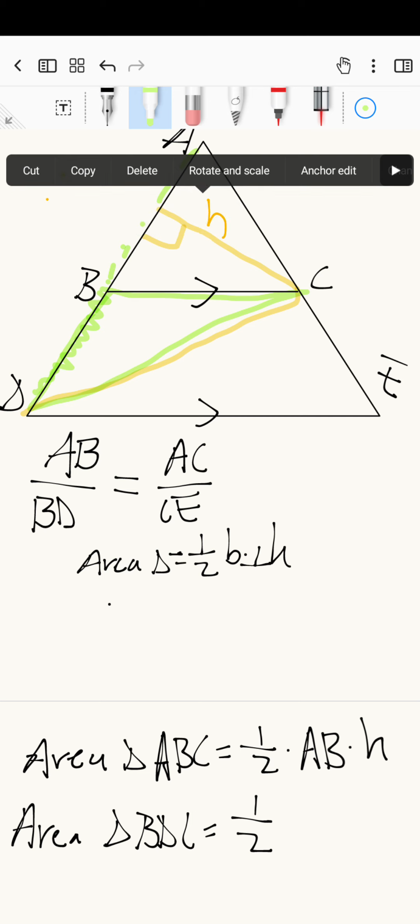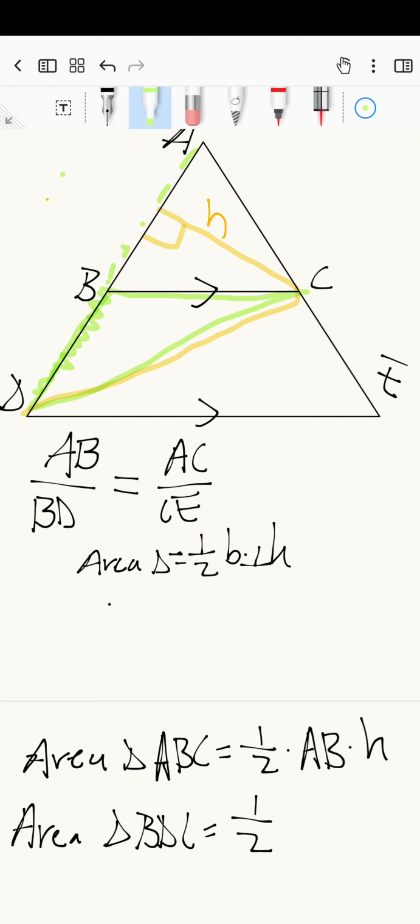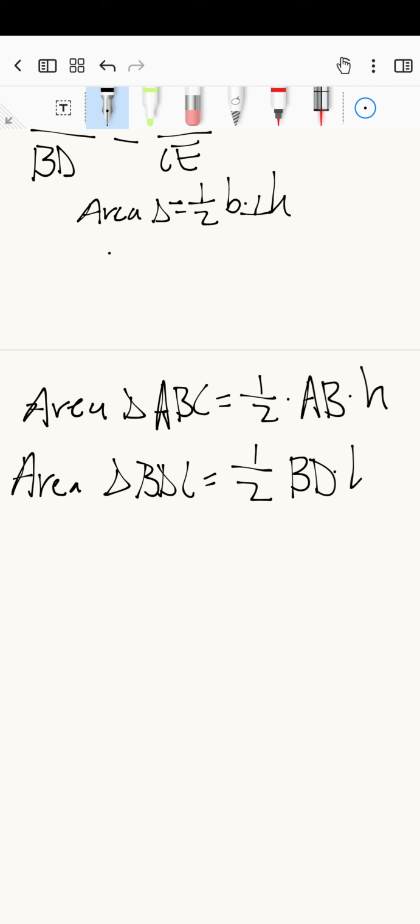Okay, so this line BD is also the base of the triangle which has the perpendicular height H. Okay, let's get rid of all of those green things there. Right, so now it's half, your base is going to be BD, and your perpendicular height is still the same thing.